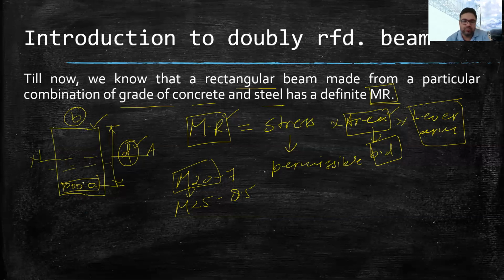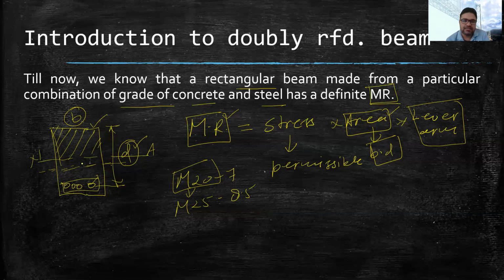Why? Because to balance this steel area, we need more concrete area. So in the earlier case, concrete was up to this one, but as the quantity of steel is increasing, the neutral axis will get down, because ultimately the concrete which is resisting the compressive force, and the steel which is resisting the tensile force, have to be the same.